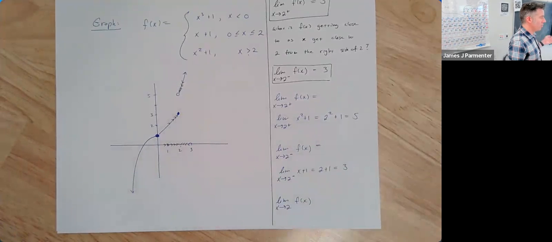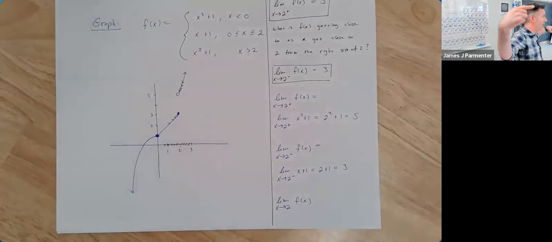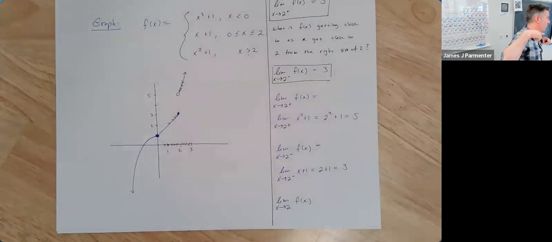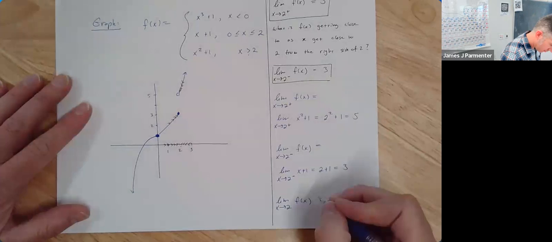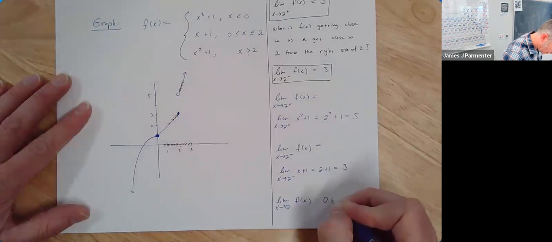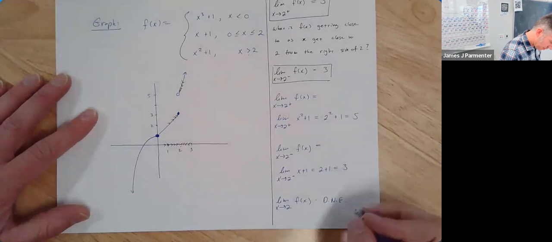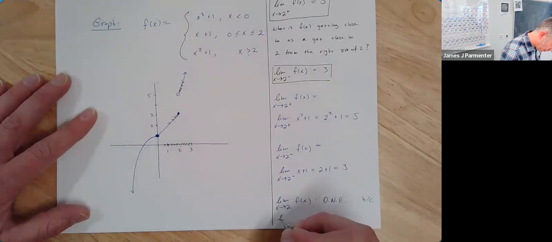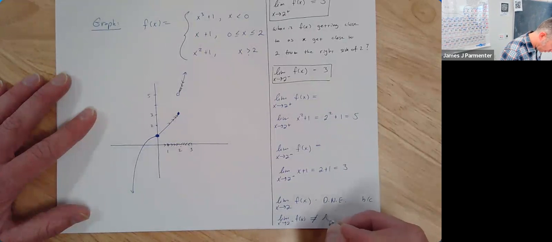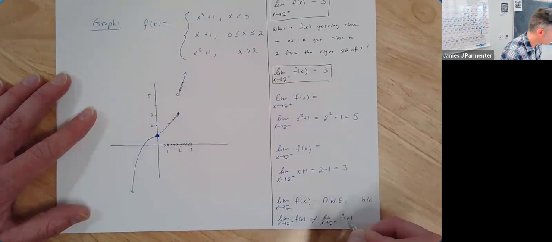And the reason usually that the limit does not exist is because the left-hand side and the right-hand side are approaching different values. So this limit does not exist because the limit as x approaches 2 from the left-hand side of f of x does not equal the limit as x approaches 2 from the right-hand side of f of x.